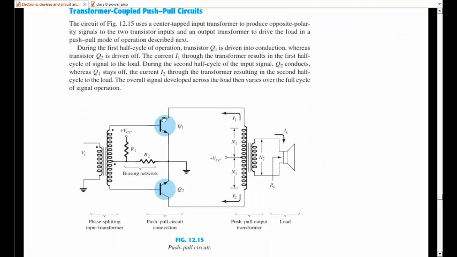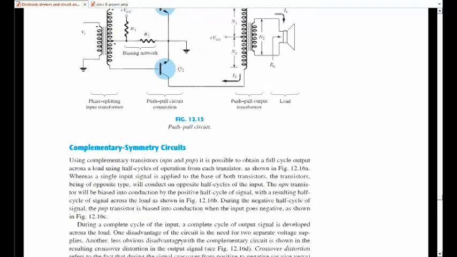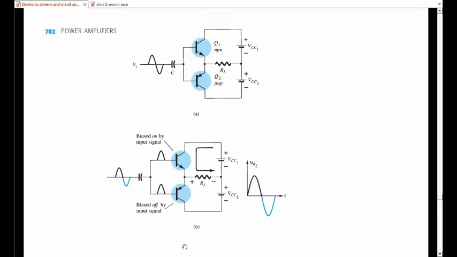This is the implementation of a push-pull amplifier with both transistors NPN and a transformer. The center tap transformer is used to generate the out of phase signals. This is the complementary symmetry circuit, in which these two power supplies are used and the output is taken from the load.